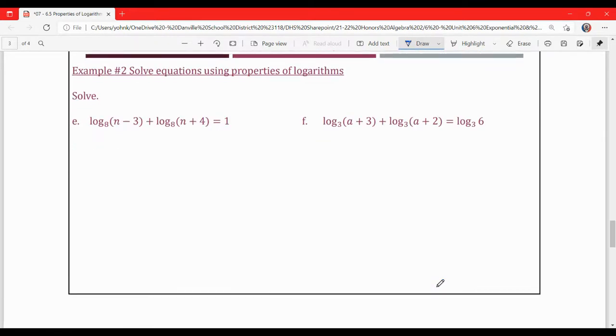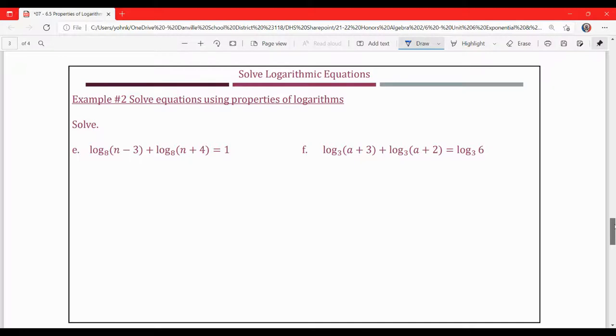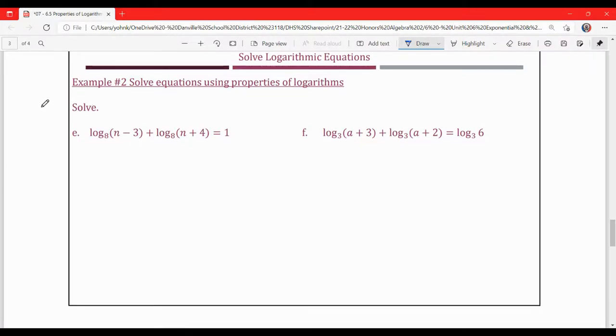All right, let's look at more equations. So again, solve. Letter E, let's see, do we have any exponents to work with? No. I've got log base 8 with addition, so that means I can multiply. So log base 8 of n minus 3 times n plus 4 is supposed to equal 1. Well, I can change it to exponential form by doing 8 to the first power equals n minus 3 times n plus 4.